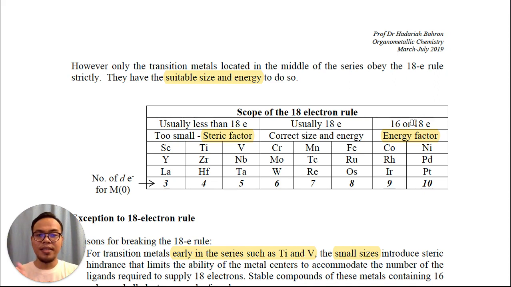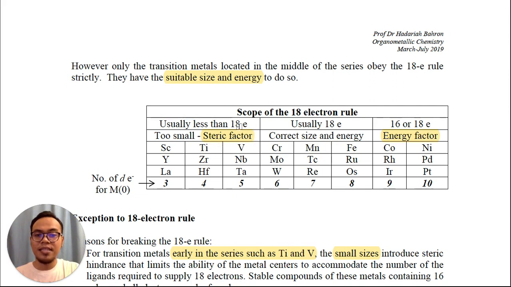When you look at this transition metal series, from this table we understood that the middle ones are going to get 18 electrons, obeying the EAN rule easily. But for the early transition metals, you're not going to get 18 electrons, but less than that. It can be 17, it can be 16. Why? Because there is a steric factor.